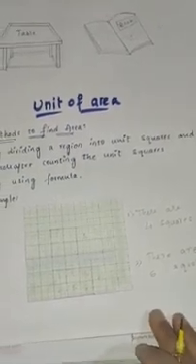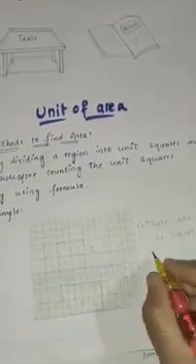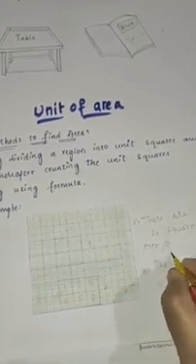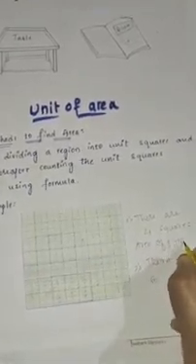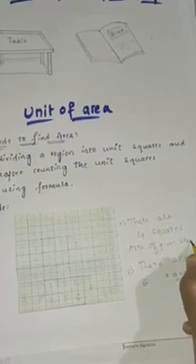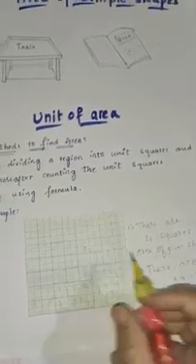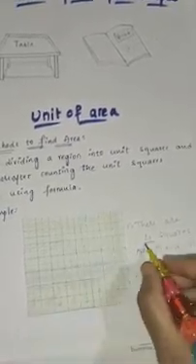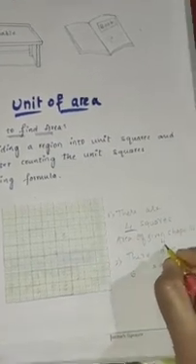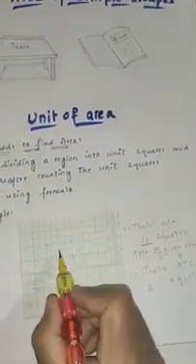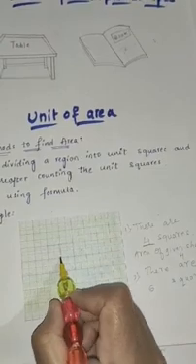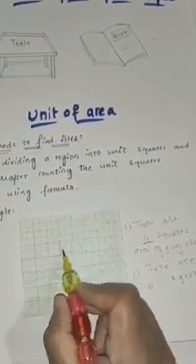So here the area of the first given shape, how much is it? It is 4, right? Can you see this on the graph?